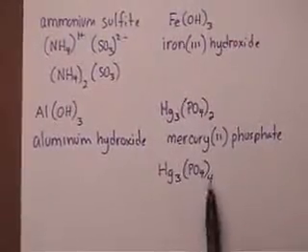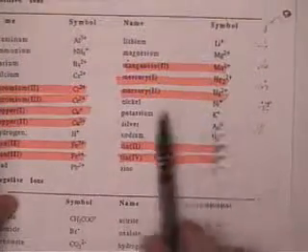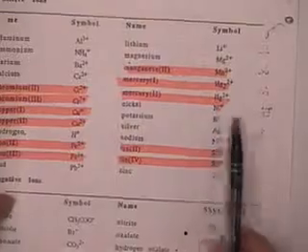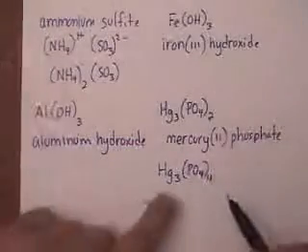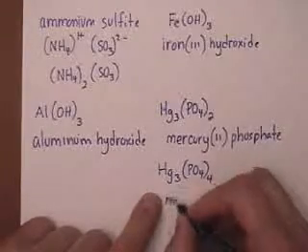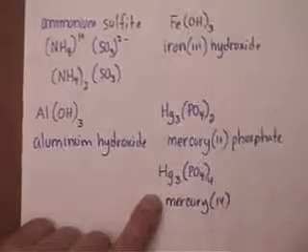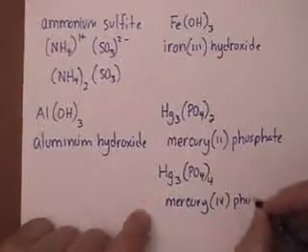You go to the back, you go, well, I'm looking for Hg4. I'm looking for mercury 4. Let's see if it's here. Well, mercury's on here. There is a stock number for mercury. I don't have mercury 4 down here. That doesn't necessarily mean it doesn't exist. I'm sure there's no such thing. But if there was, you would go, well, this is mercury. I know it's a stock number, so I'm going to call it mercury 4 phosphate. You can just create that.